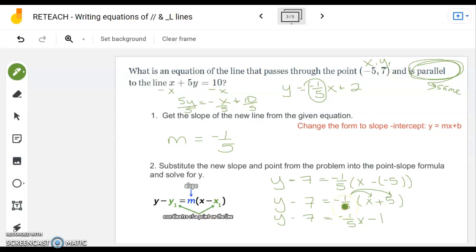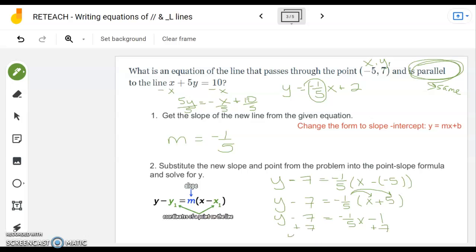Okay, so just to reiterate that last step, I distributed. I multiplied by -1/5 to everybody inside the parentheses. That gives me -1/5 x. -1/5 times 5 is -1. And then I need to solve for y by adding 7 to both sides.